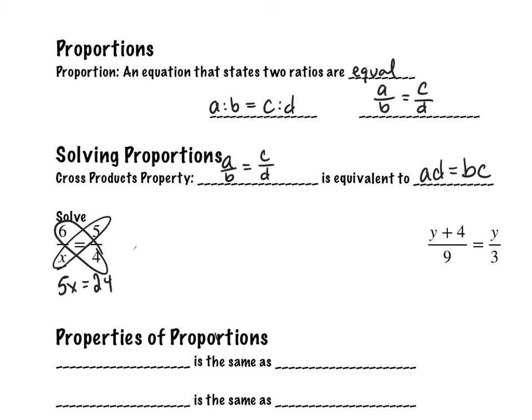So divide by 5, you should get 4.8. Right, so all we're doing here is just solving these equations. Right, because this will come up when I start finding missing side lengths tomorrow and Wednesday.